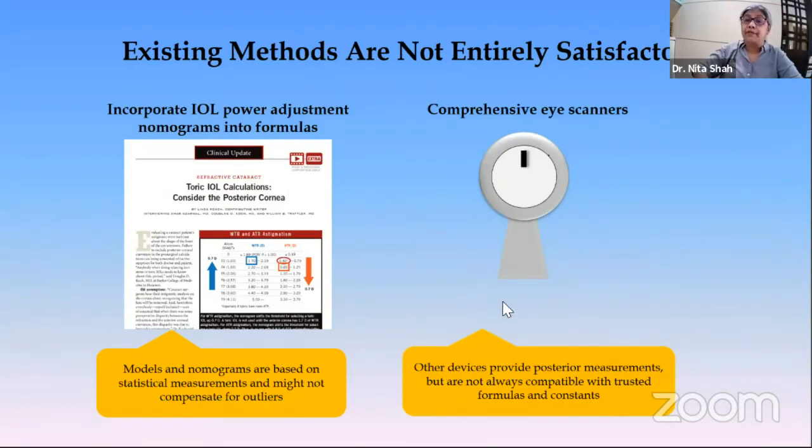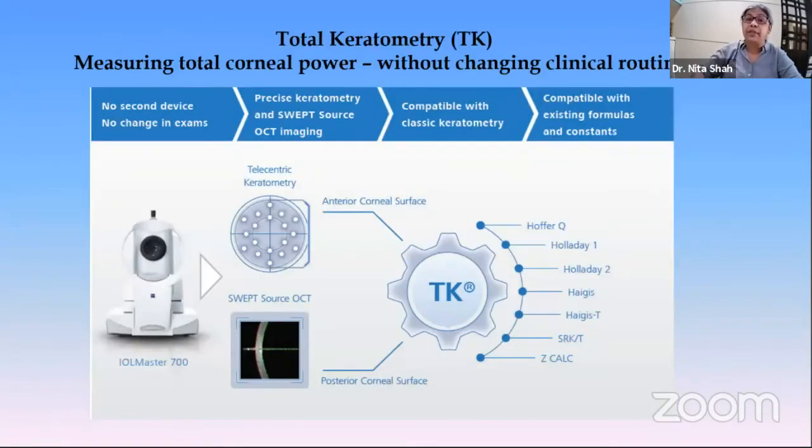Because if we take data from other devices, they have not been tried and tested with the trusted formulas and constants. So it's much better that we have the data from the IOLMaster 700. And it is such robust, good data that we have, so reliable, so reproducible, and so easy to get from the machine.